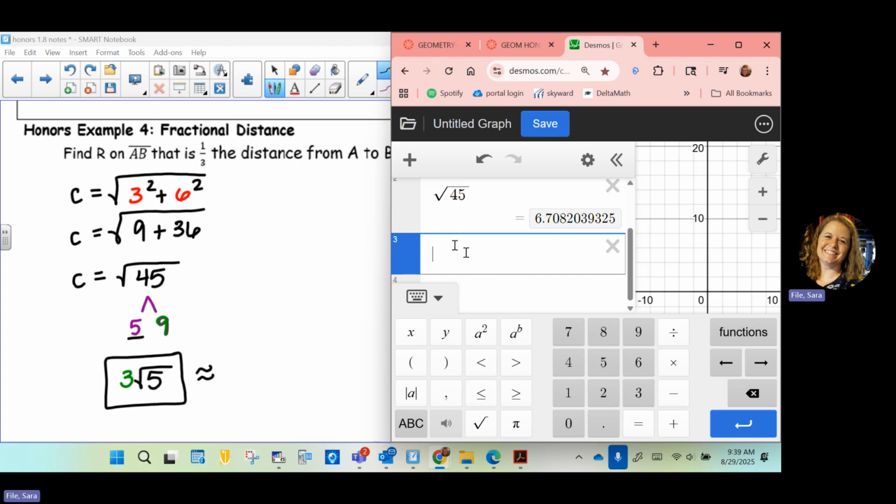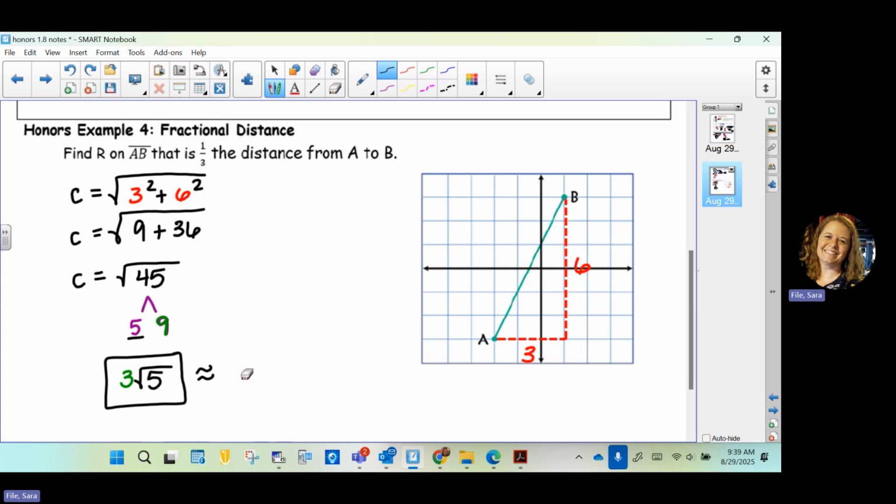All right, and double check your reduced is the same. So we reduced it correctly. All right, so we'll just go to tenths so that it's not 6.71 because we really like 6.7 apparently. There we go. Any questions about distance or fractional distance?